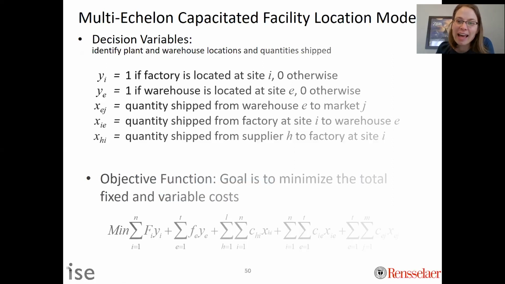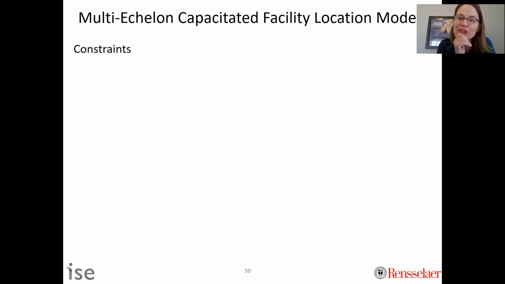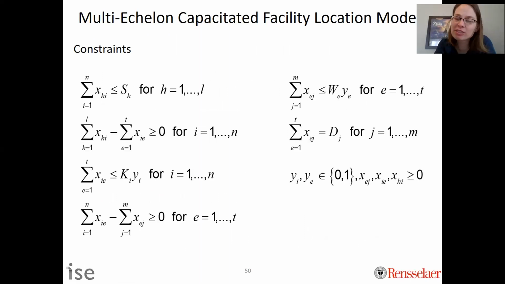All right, and then the last thing is the constraints. And the constraints are where it gets a little bit more complicated. I'll just display them all here, and then we'll talk through a couple of them. If you look at this first constraint, this should be somewhat familiar. We're summing over i, and we're saying we only have so much capacity at each supplier h.